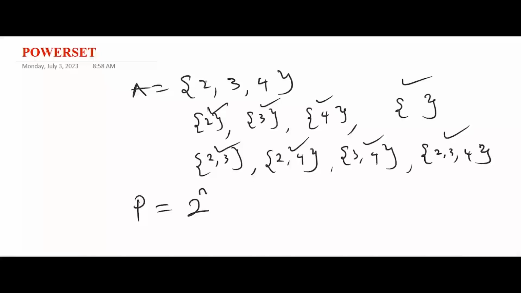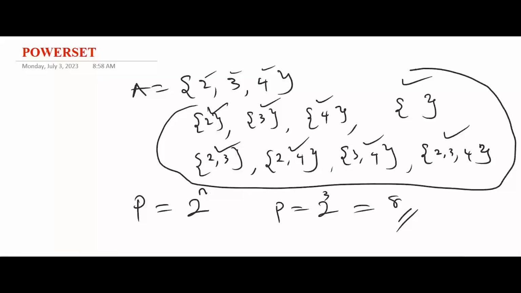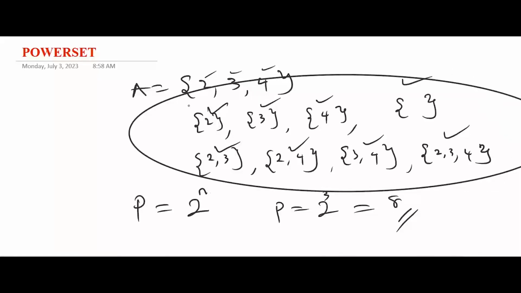So in this case we have 1, 2, 3. We have 3 elements in set A, so that means the power set will be 2 to the power of 3, which is 8. That means you can form 8 subsets from set A, which are listed here. So that is how you can get the number of subsets you could form from a given set.